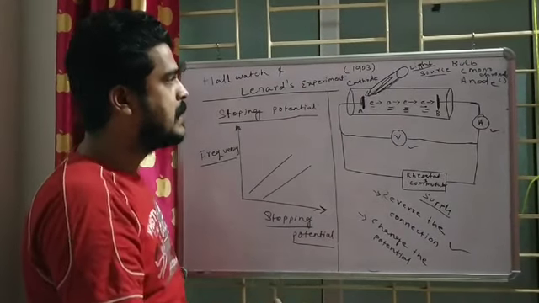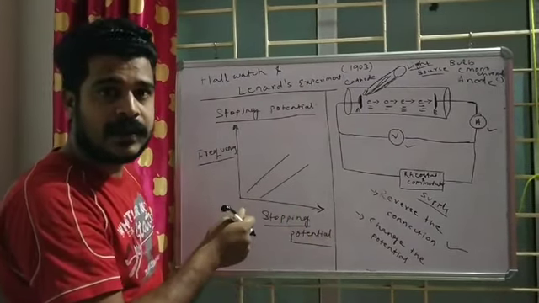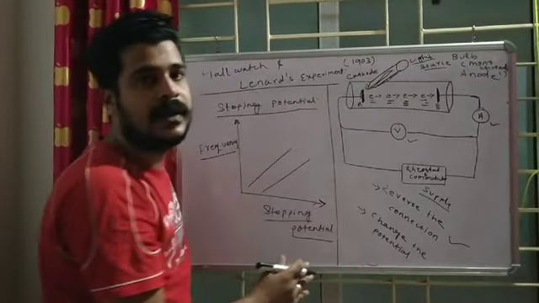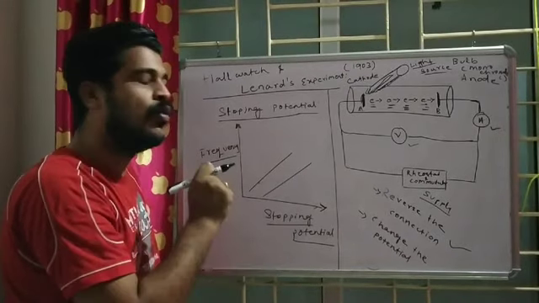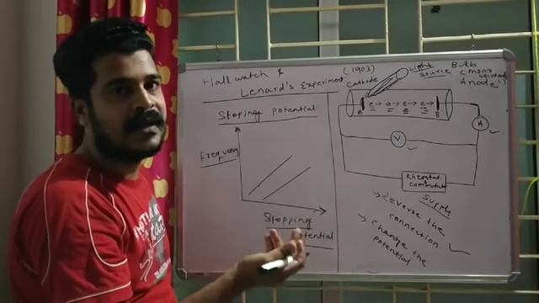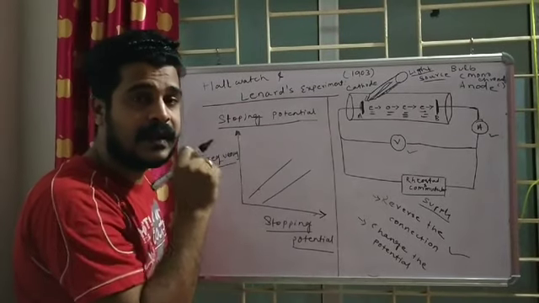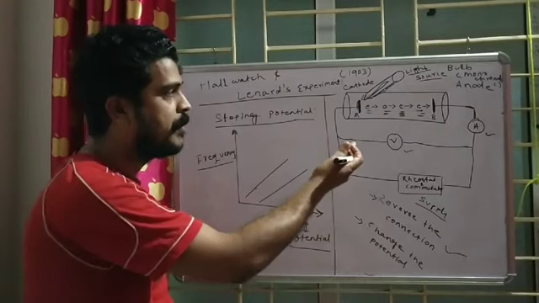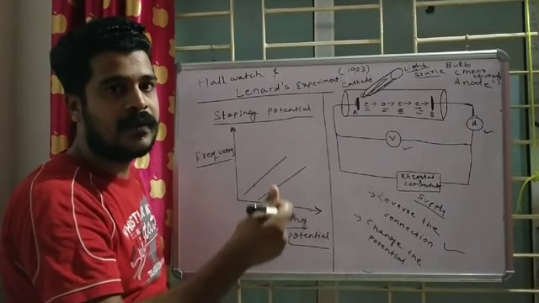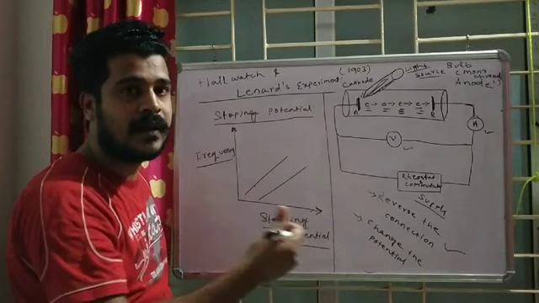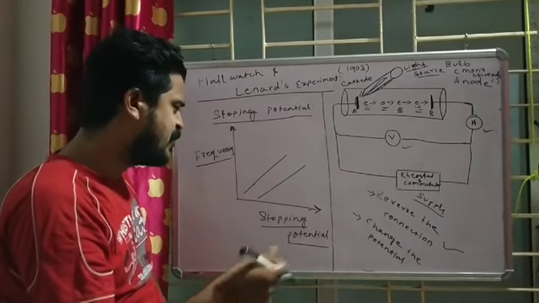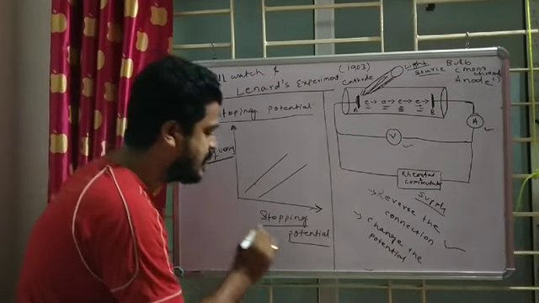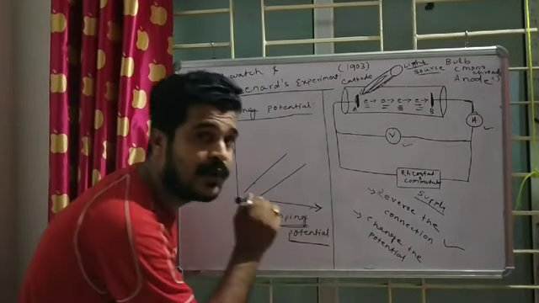The more the frequency, the more the kinetic energy, and the more the kinetic energy, the more the stopping potential you need to stop the flow of electrons. So again I can conclude, if I increase the frequency, then we need a higher potential to stop them, because increasing frequency will impact the kinetic energy. So you have to say like this: frequency is getting increased, that means stopping potential is also getting increased.